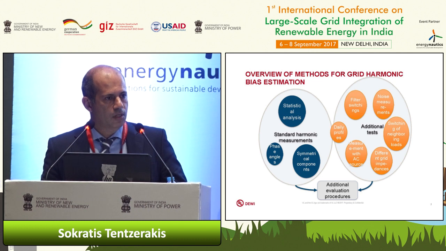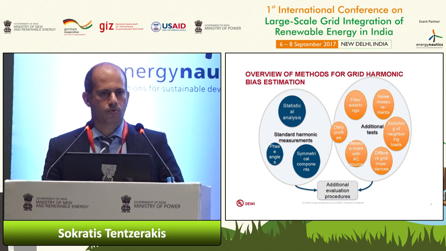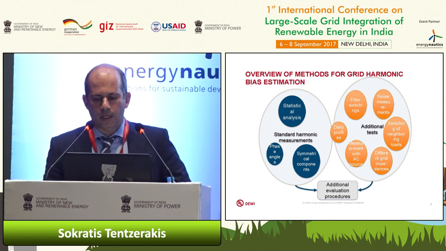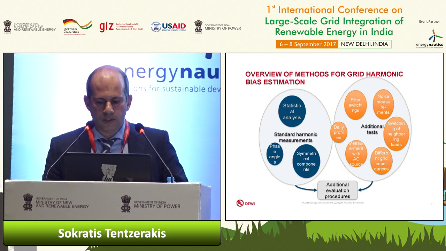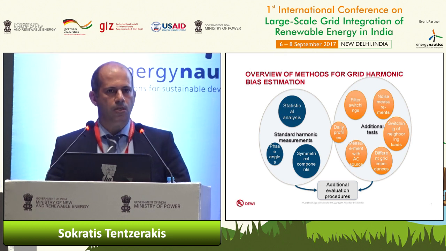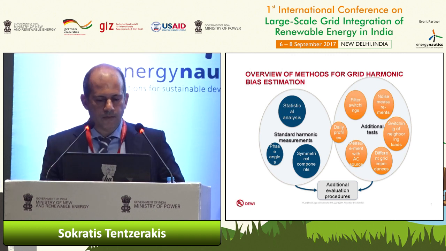Switch the neighboring loads if there are neighboring power plants or wind turbines, and see the effect. Switch on and off the filters. Check the behavior of different grid impedances. I will explain the next, and maybe measuring with an AC source, which still has to be done on a test bed level.